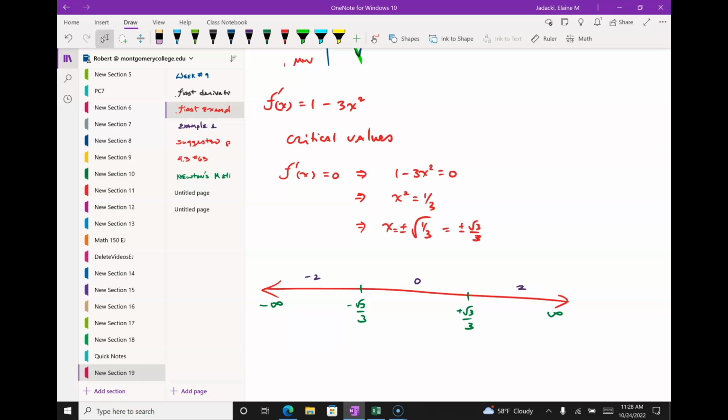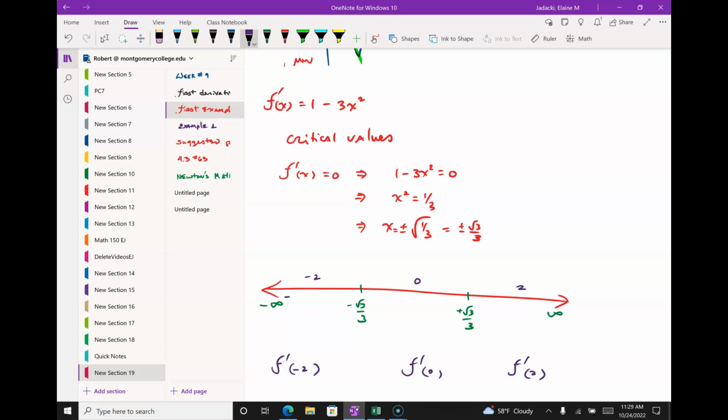Now what I'm saying, remember, I'm putting these test values into the f prime, right? I'm finding f prime of -2. I'm finding f prime of 0. I'm finding f prime of 2. It's a first derivative test. I'm using the test values in the first derivative. I already know the answer, right?